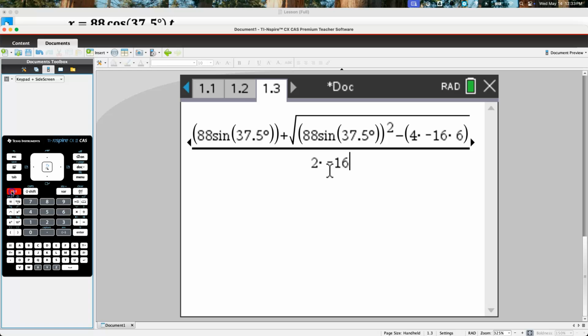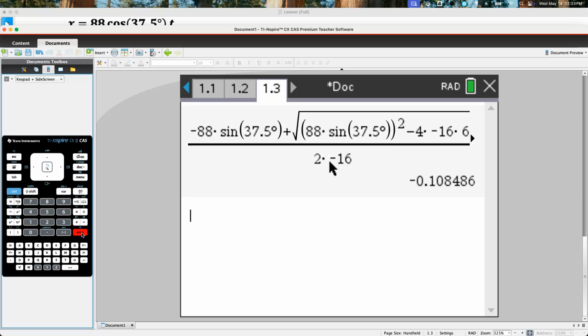Then when you hit enter, you get that. Like it? Not like it?